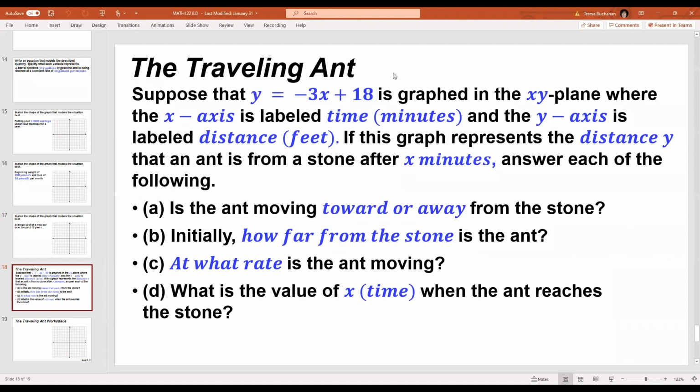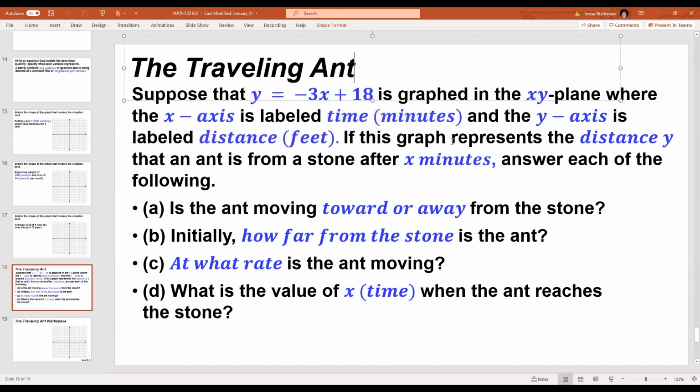So the question said, suppose that y is equal to negative 3x plus 18. Suppose that's graphed on an xy plane where the x-axis is time in minutes. The y-axis is distance in feet.